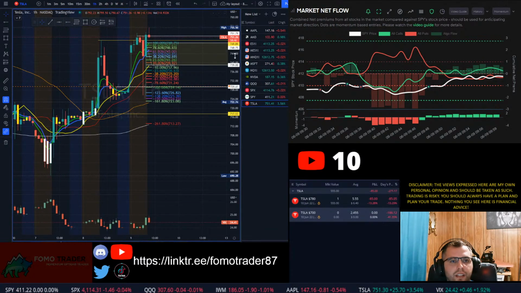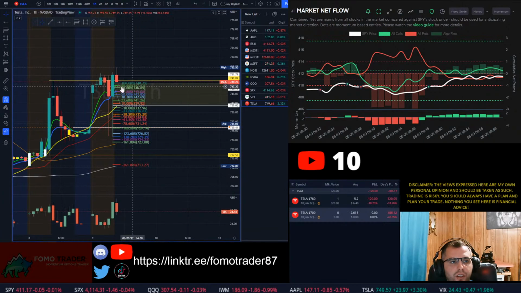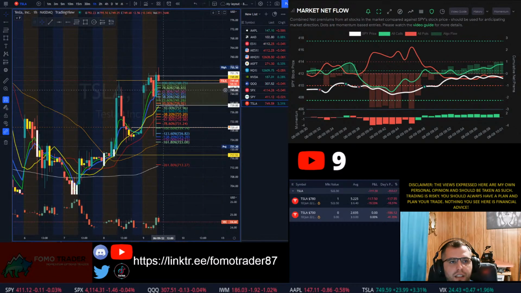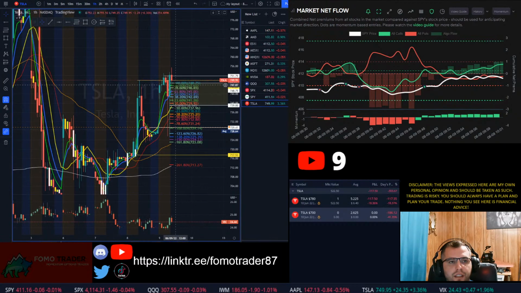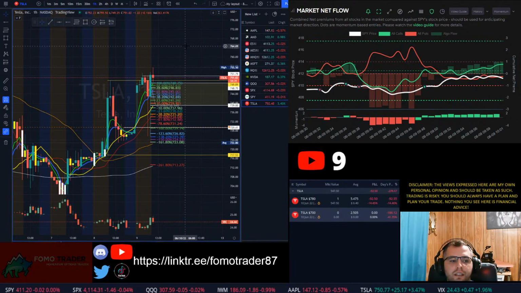But that did look like a good entry for me because the body of the candle did close above yesterday's high, and we were above the 5 and the 8 EMA there.